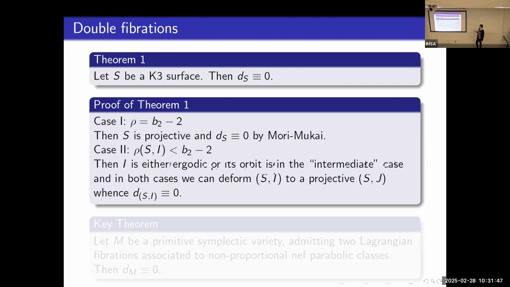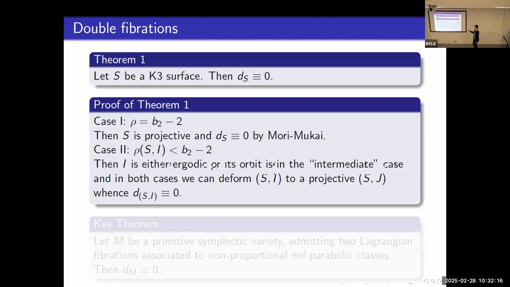So then, if the Picard rank is less than maximal, this is the case where either you have ergodicity or you have some intermediate case which behaves like the ergodic case. But in either case, you can always deform your K3 surface to a projective K3 surface since they're all deformation equivalent.